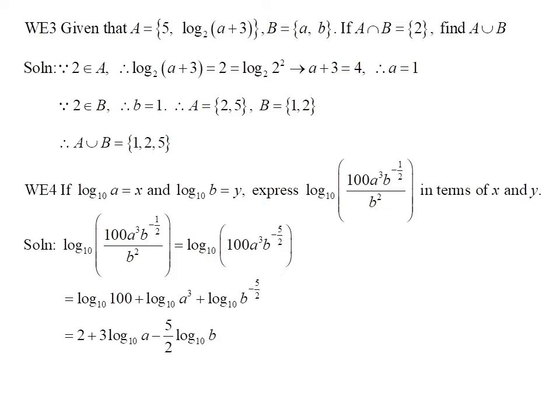Then we substitute logarithm of a and logarithm of b by x and y respectively. Finally, the simplified expression is 2 plus 2a minus 5b/2.